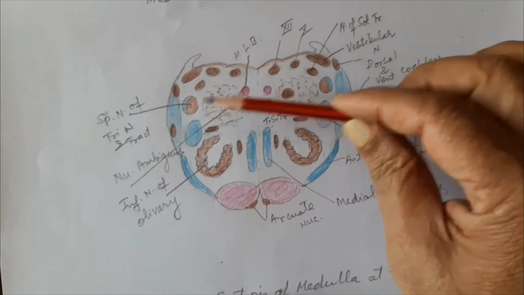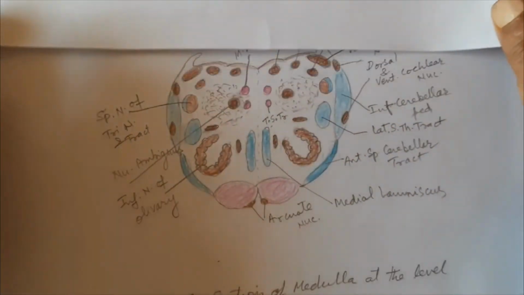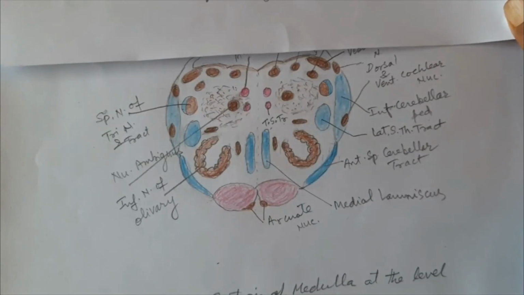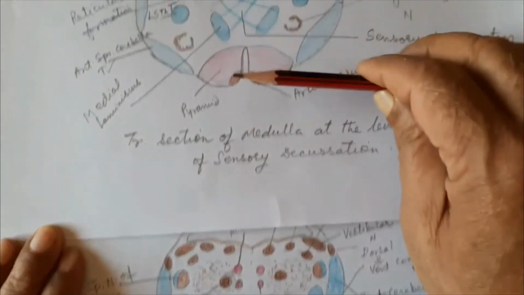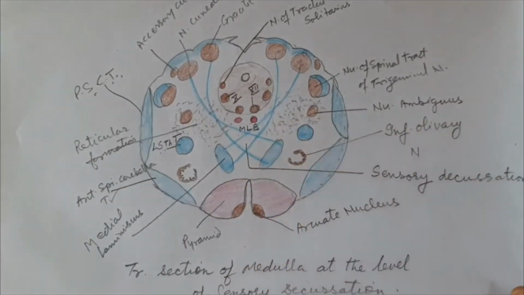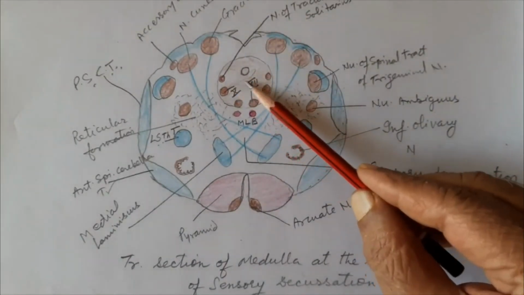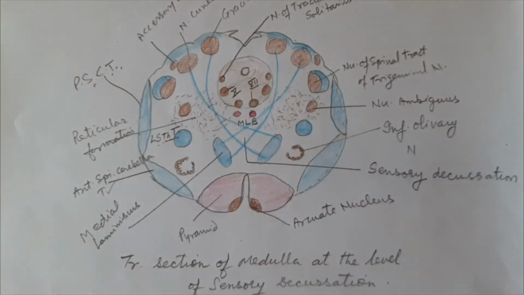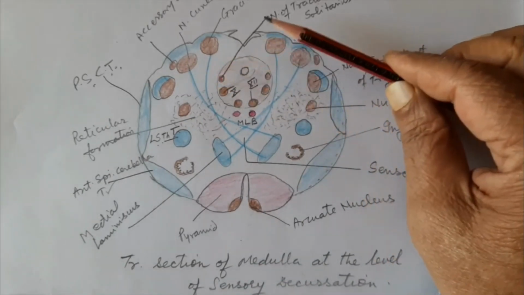Thus, this is the distribution of the white and gray matter in the uppermost section of the medulla to understand its internal structure. It is quite different from that of the lower level. The striking feature, as I said, is the disappearance of the central canal and the appearance of the floor of the fourth ventricle.